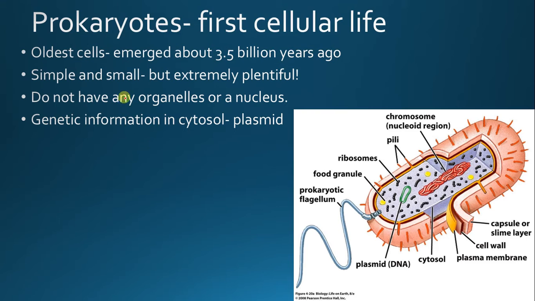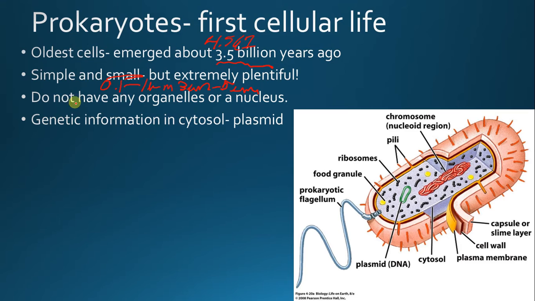So prokaryotes are the oldest and the simplest cells. They came about 3.5 billion years ago, only about 1 billion years after the Earth formed, which was 4.567 billion years ago. They're simple and small. They're about 0.1 to 1 micrometer at their smallest, and they can get anywhere on average from 3 micrometers up to 5 micrometers.